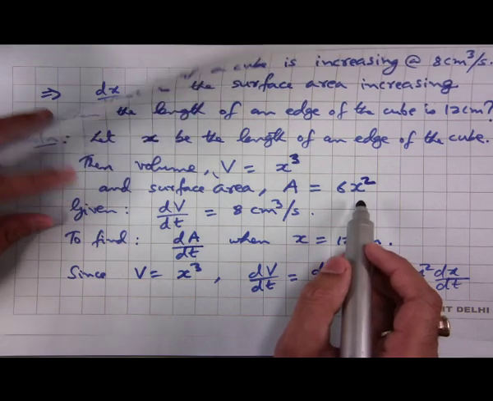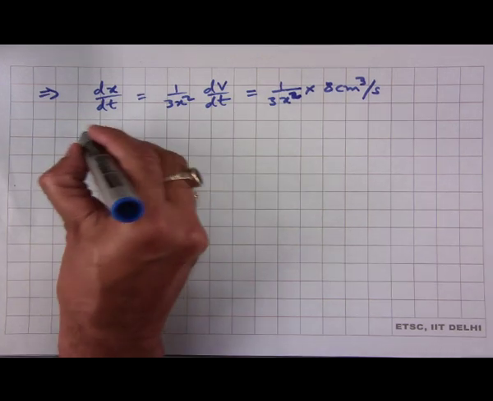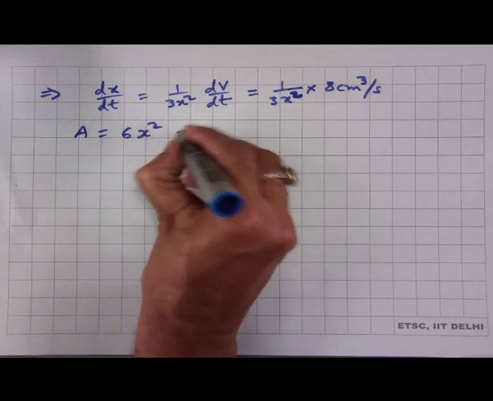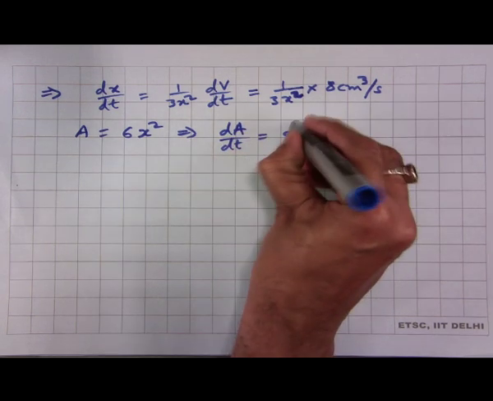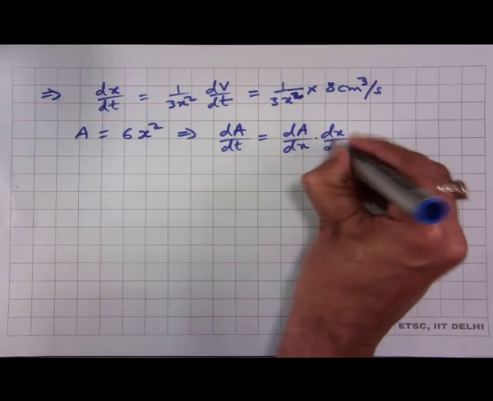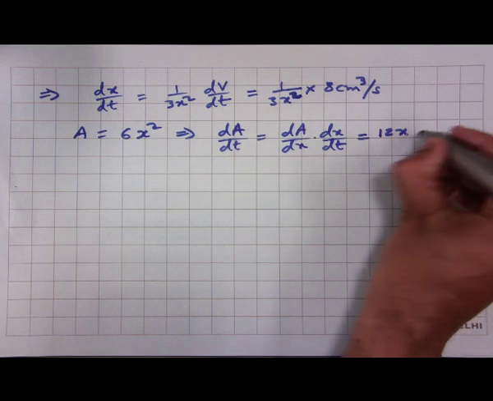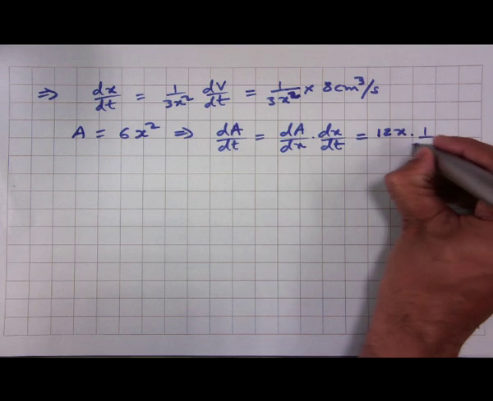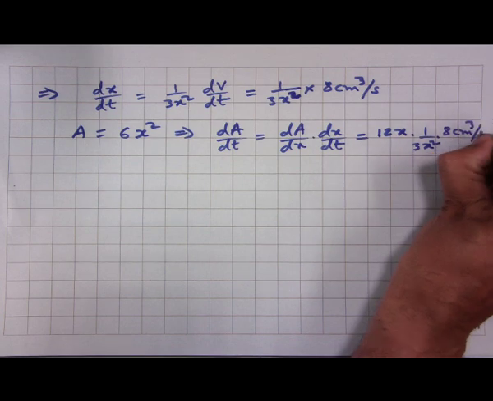So, if we know dx/dt, we can calculate dA/dt. A equal to 6x squared, this implies dA/dt is equal to dA/dx times dx/dt, and dA/dx is 12x times dx/dt, which we have calculated is 1 by 3x squared times 8 centimeter cube per second.